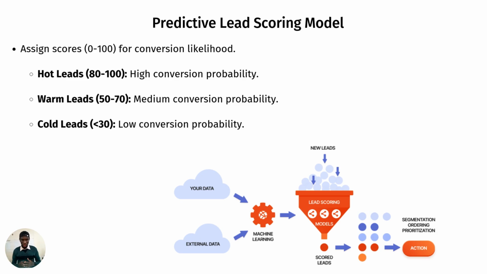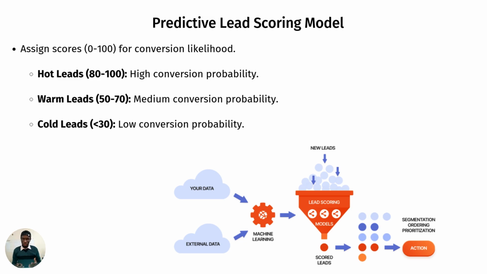So we're going to group those, assigning a probability that this prospect will tend to convert to become a paying student. For the hot leads, this will be about 80 to 100%. We are going to classify a lead as hot if they show a high conversion probability.